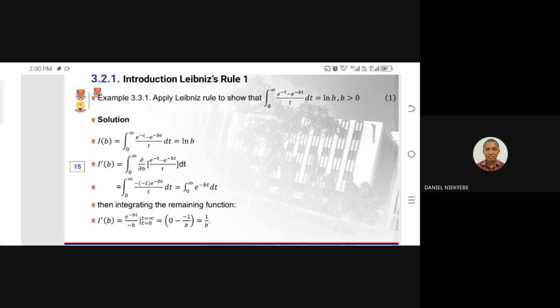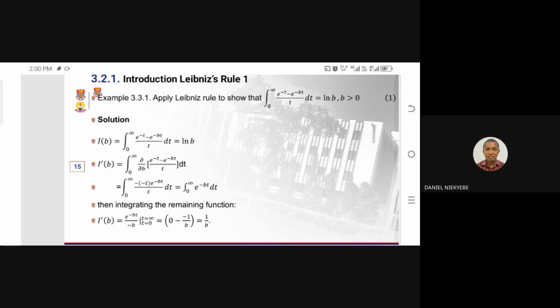We are going to find the derivative. So first of all, we are going to find the partial derivative of the function with respect to b. You are going to get e to the power minus bt dt. Then you integrate what you have with respect to t.